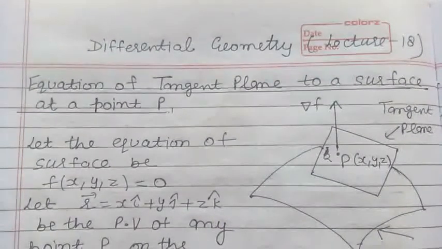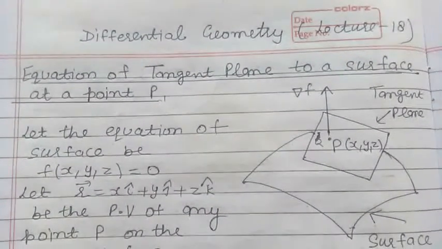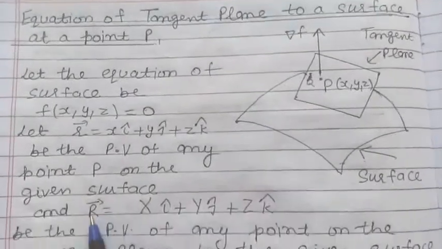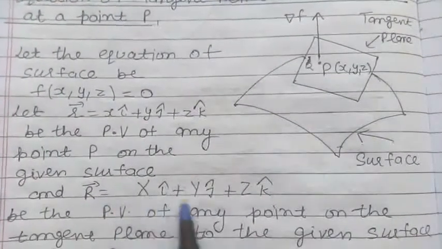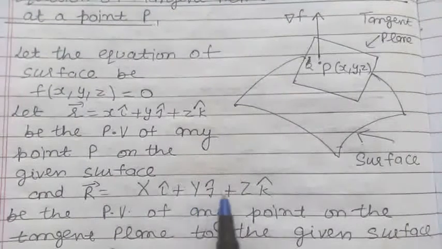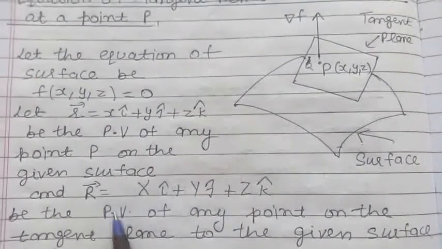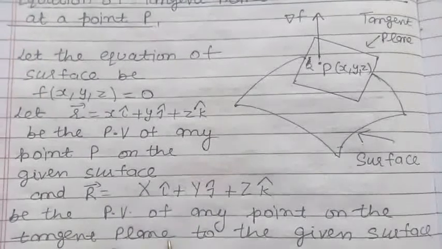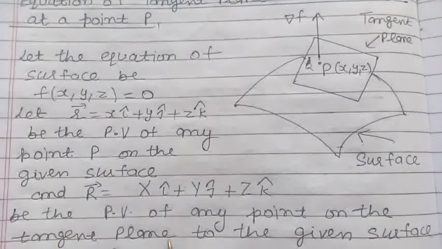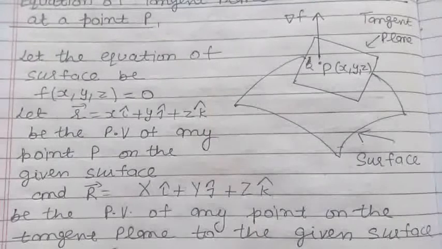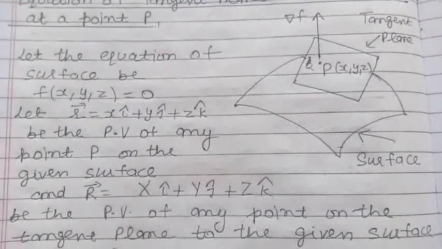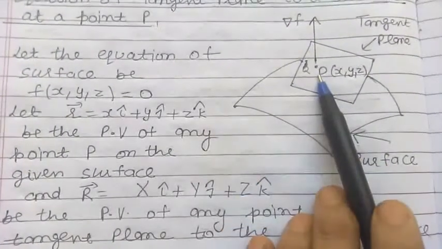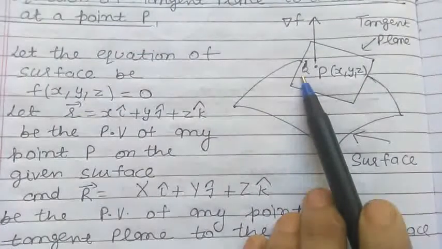And let us take the point having the position vector capital R, having the components Xi, Yj, Zk. Let this be the position vector of the point on the tangent plane to the given surface at the point P. Now this is a tangent plane, this is the point P, this is another point Q in the tangent plane.